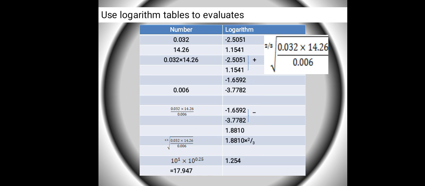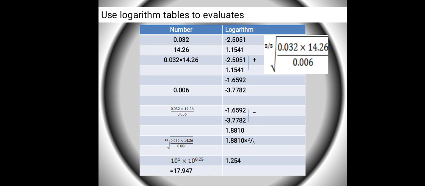The logarithm of 0.032 is 2.5051. The logarithm of 14.26 is 1.1541. Add the two, we get 1.6592. The logarithm of 0.006 is 3.7782.